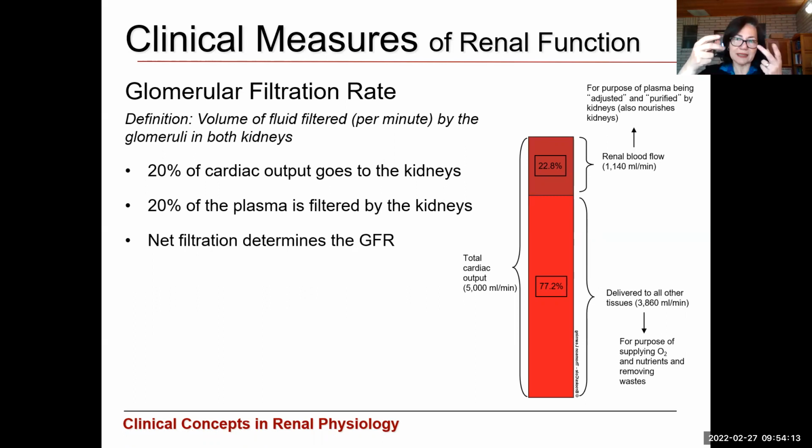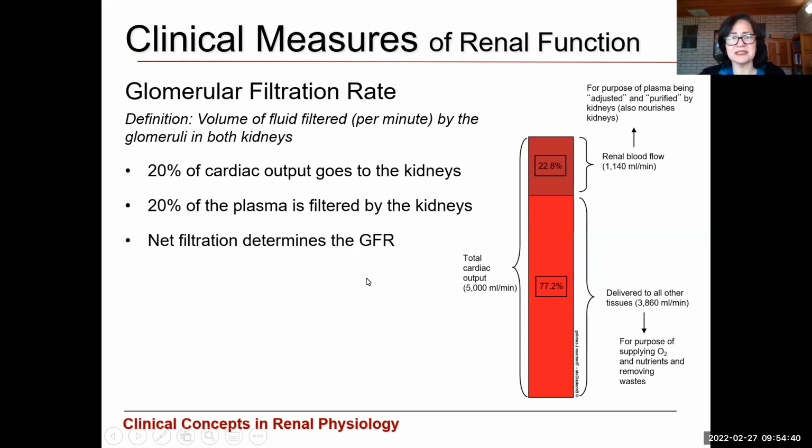It's also about, okay, kidneys, here's some stuff that you can work on cleaning for us right now. And then 20% of that plasma is what comes out through the glomeruli. And so when you add it all up, that is the net filtration. That's the glomerular filtration rate.